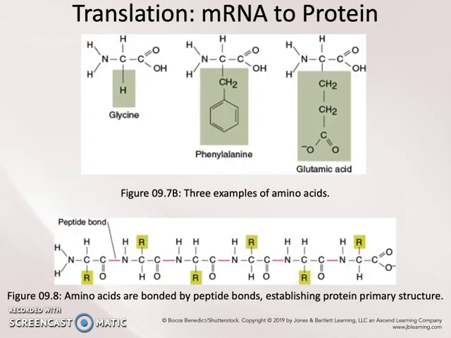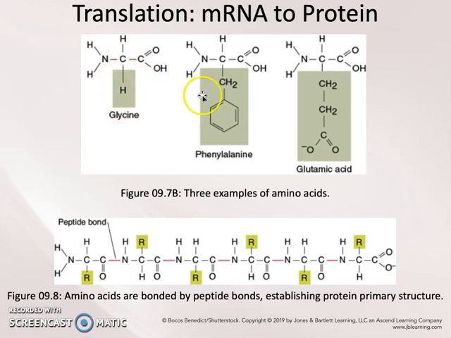The amino acids that you see here all have at their basic core this structure. The basic core structure of an amino acid is a central carbon atom attached to a carboxyl group, or COOH, an amino group, or NH2, a single hydrogen atom, and then a variable side chain.